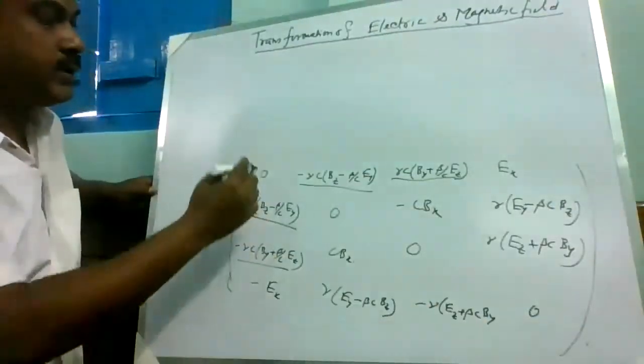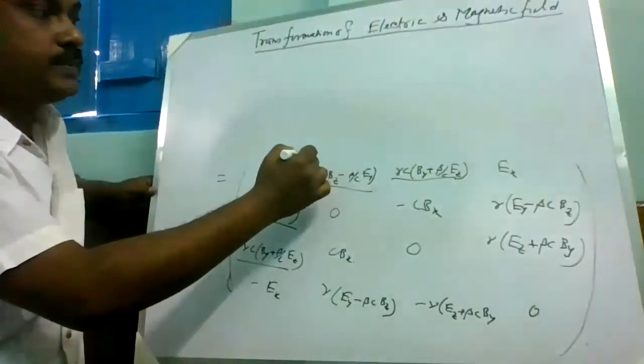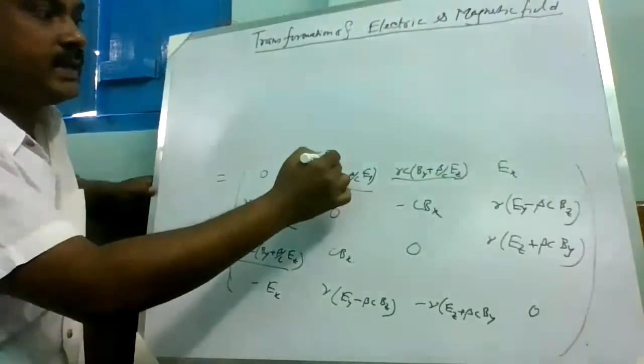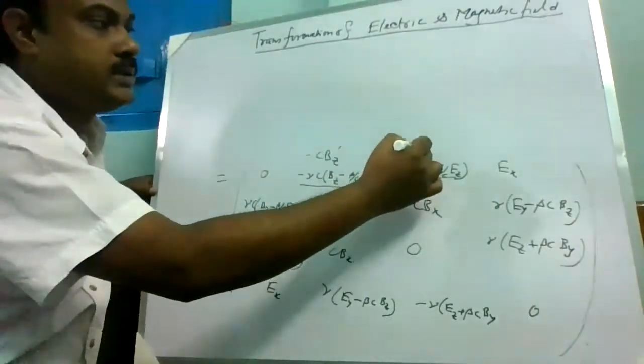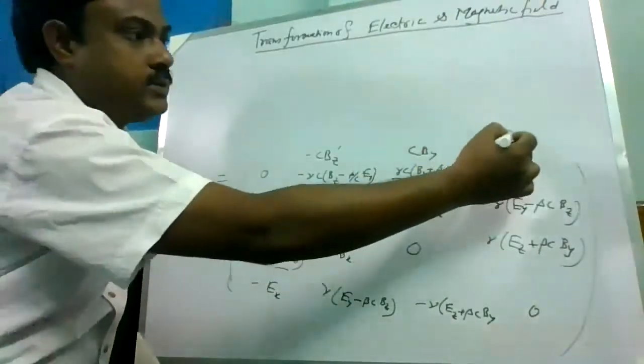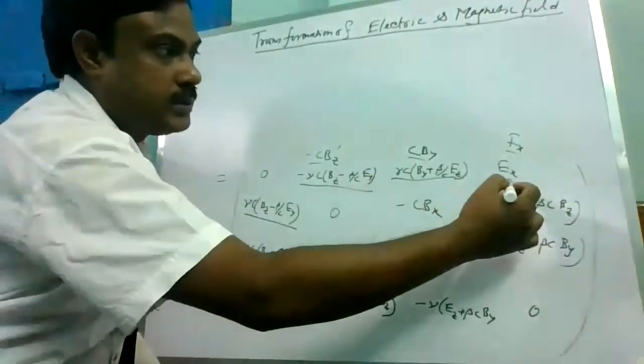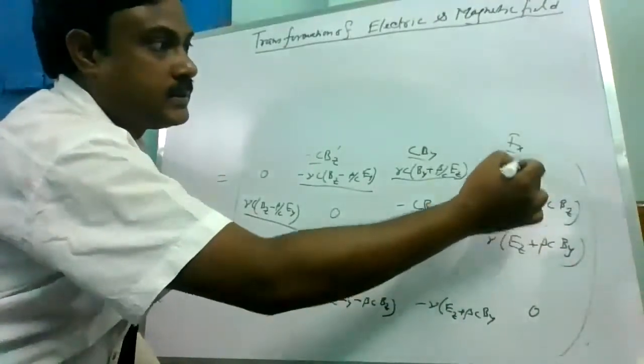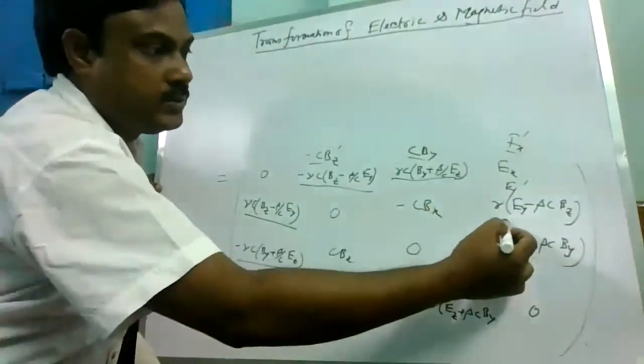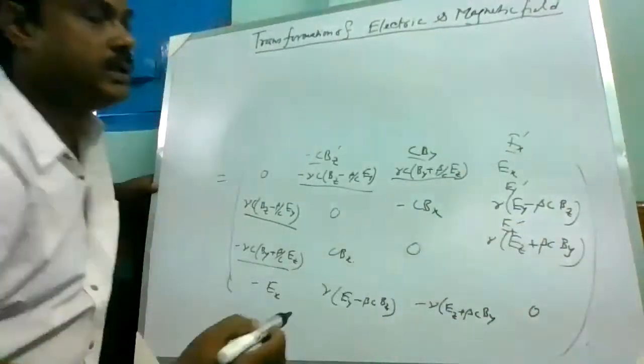So the transformed coordinates: this will be minus cbz dash, this will be c dy, this will be dx, right? This term will be ey dash, dx dash, this will be ez dash.